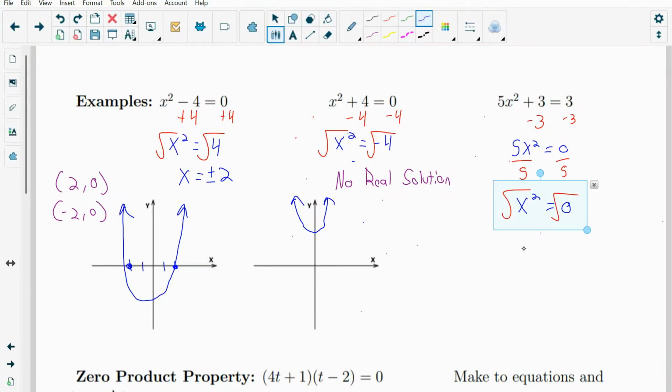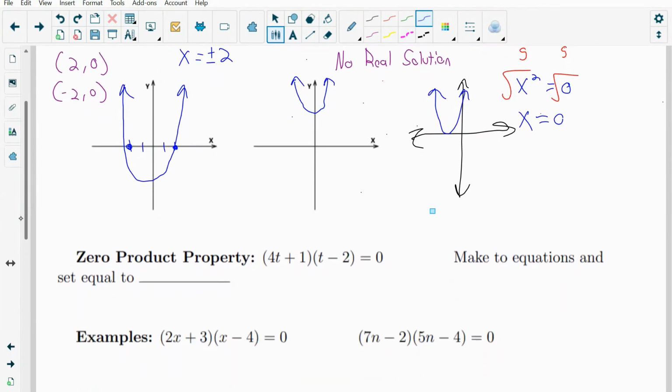The square root of 0 is just 0, so I'm going to get x equals 0. And that's a singular answer because plus or minus 0, it's the same. If I wanted to make a graph for this, I don't know why I don't have a graph already made. This is one of those cases where I'm going to get a double root. So it would look something along these lines if I was just to sketch it. All right, so that's all 3 of our possible solutions in action there.